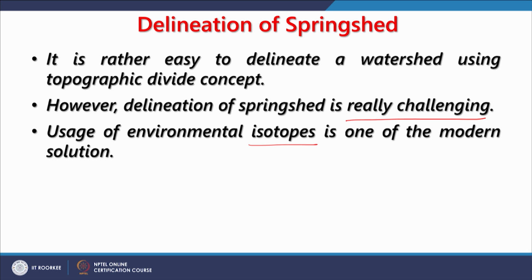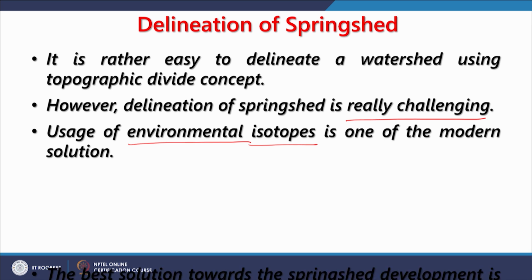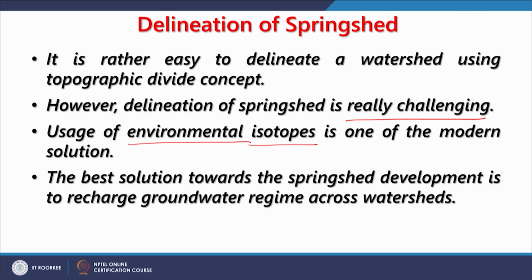But again, this is not a very perfect technique, but it is one of the techniques available by which one can try to identify or demarcate a springshed, at least the recharge area from where the water is getting recharged. And if we can identify the recharge area for a spring, then the treatment and sustainability issue can be solved very easily.